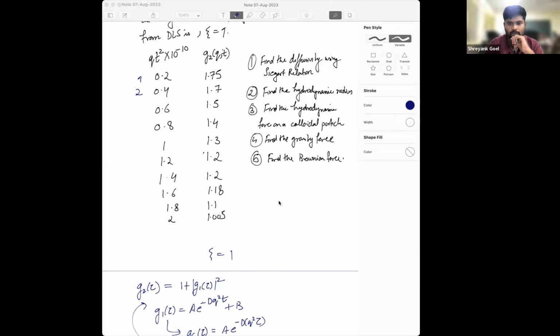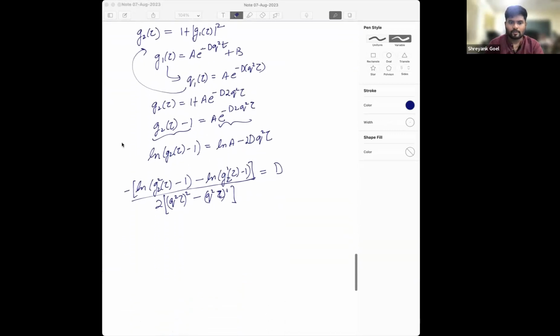So we have this value. For the first one, we have the value minus 0.2876, minus this one I have calculated to be 0.35.